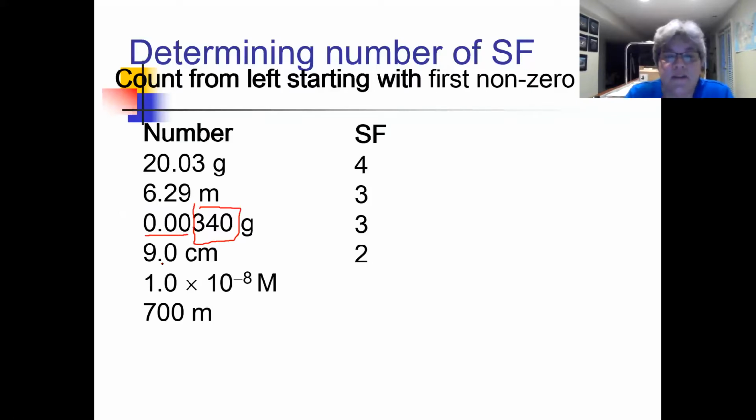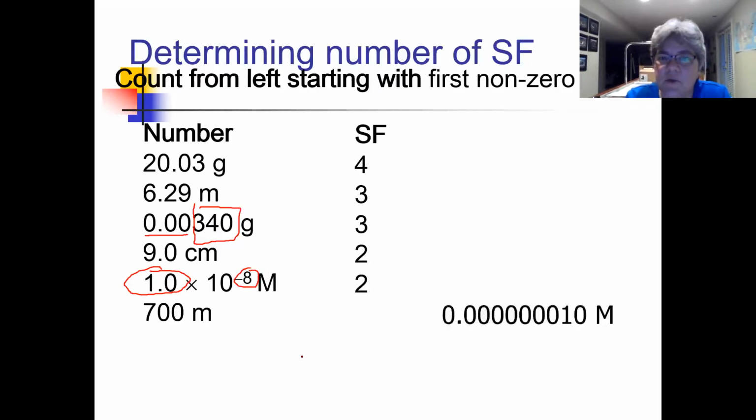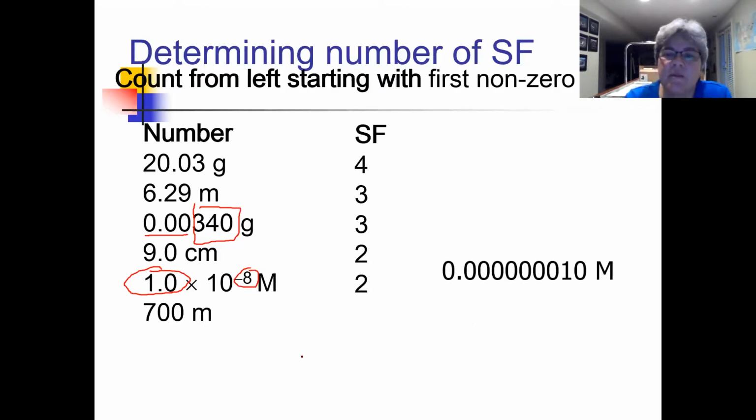How about 1.0 times 10 to the minus 8? 1, I think. Well, both of these are significant. So this has 2. Now, what about this minus 8? Is that significant? Well, remember, what does this mean when a number is written with this exponential notation? Well, that means 0.00000001 0.